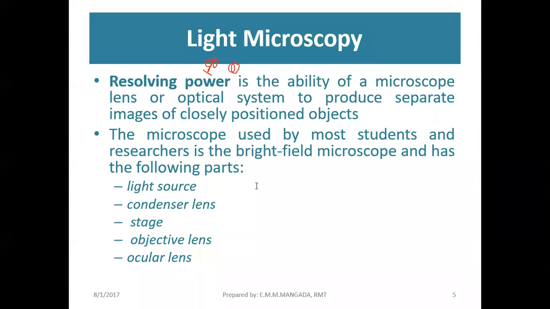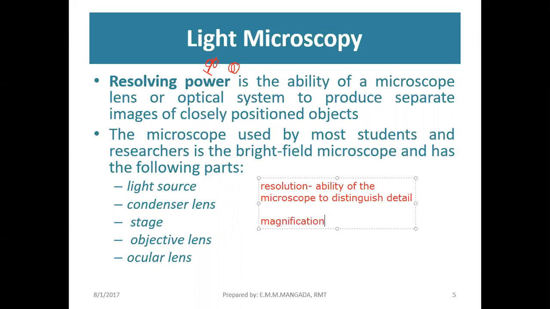So, when we say resolution, we are talking about the ability of the microscope to distinguish detail. So we're talking about the ability of the microscope to detect two objects as separate objects. That's resolution.